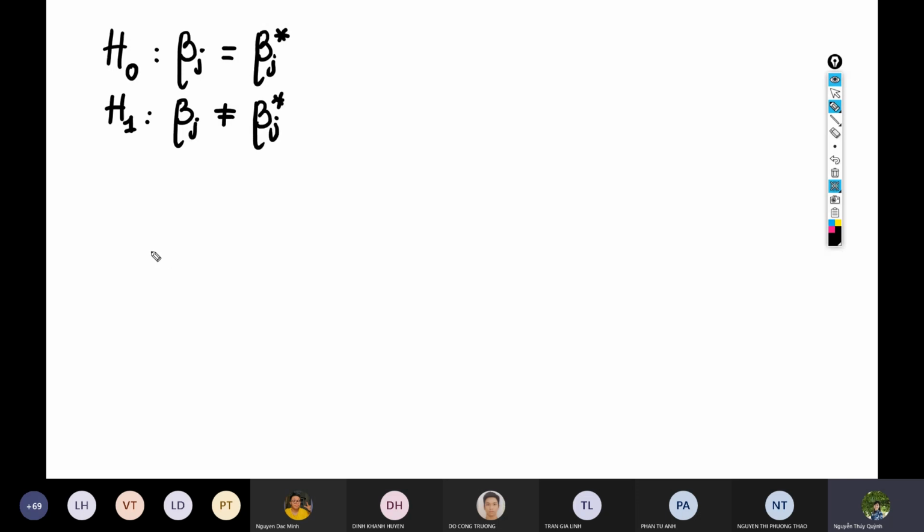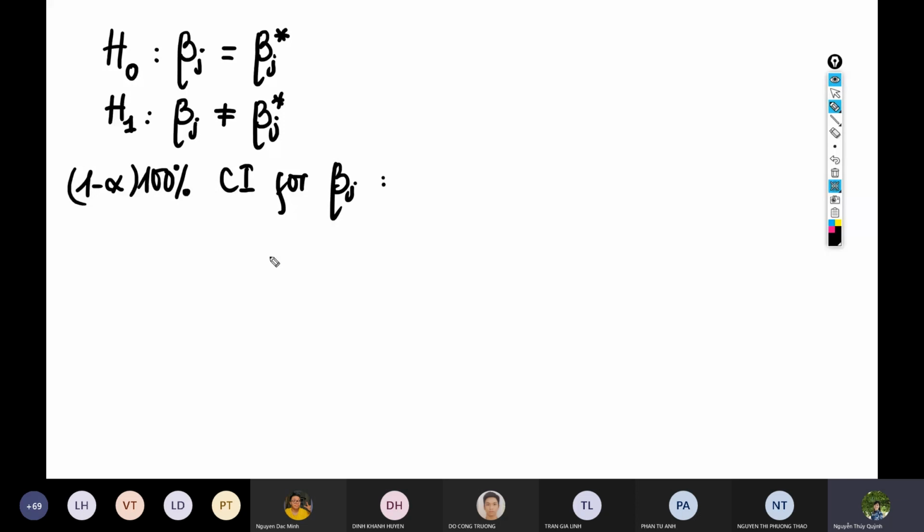So this is a two-sided test. Now, in the second step, you have to construct the (1 minus alpha) times 100% confidence interval for beta j.